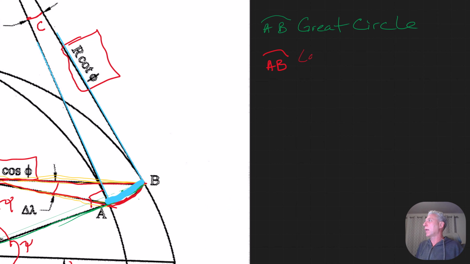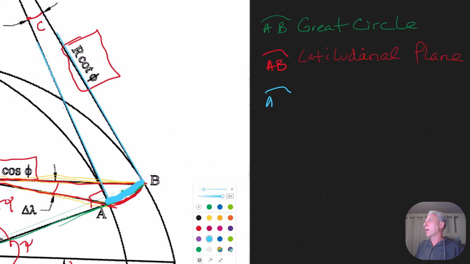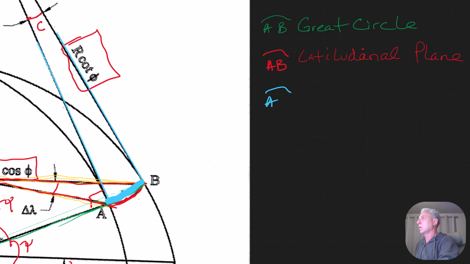So this is on the latitudinal plane. And a third one, which is arc AB that lies on, what should I call that? I'll call that the plane of convergence. I don't know if it has an actual name.